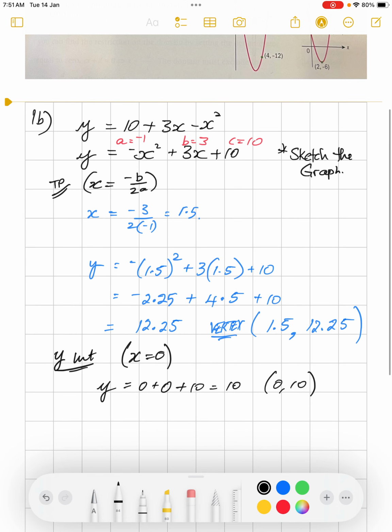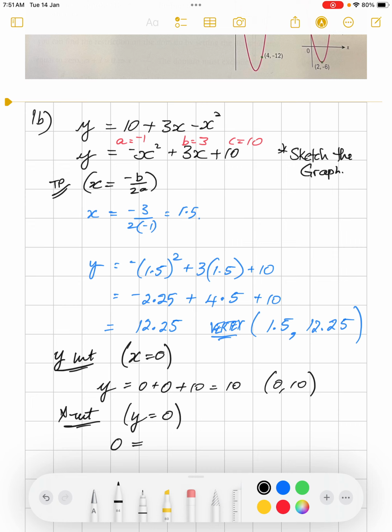And we don't need this next piece of information, but let's do it anyway. That's the x-intercept, and that happens when y equals 0.